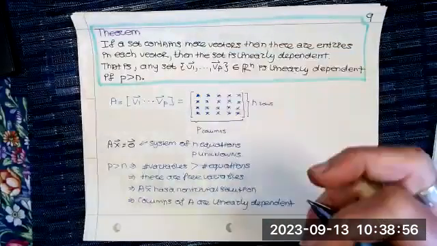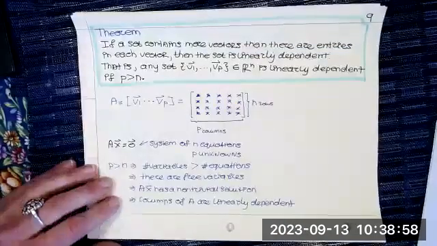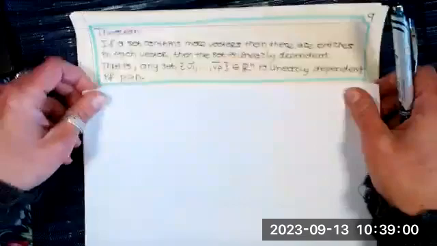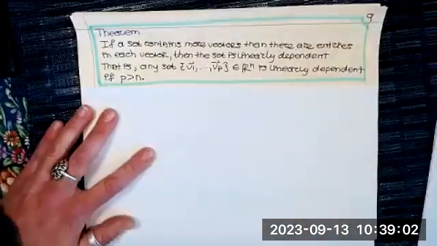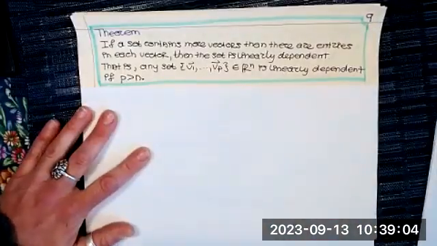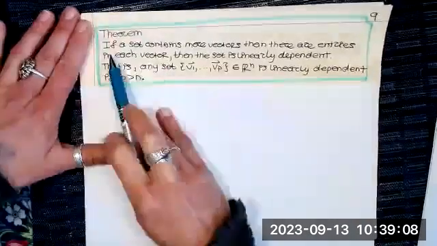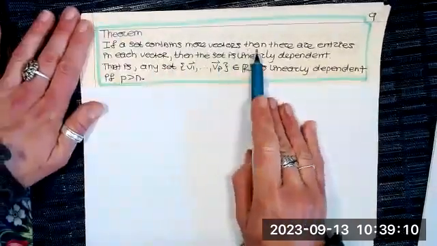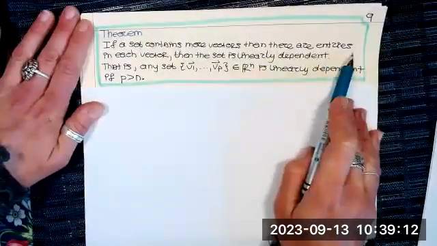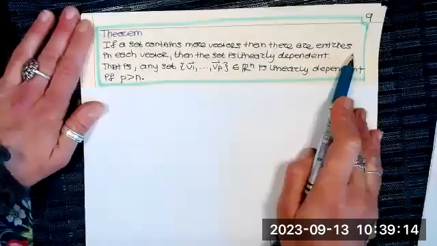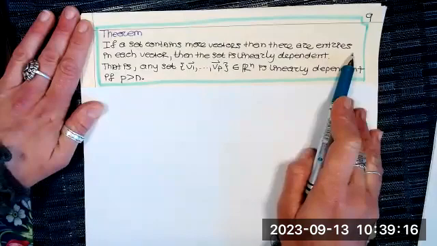Yeah. So let's do another theorem here. That one is pretty useful when you try to determine if sets of vectors are linearly dependent. It basically says that if a set contains more vectors than there are entries in each vector, then the set is linearly dependent, right?